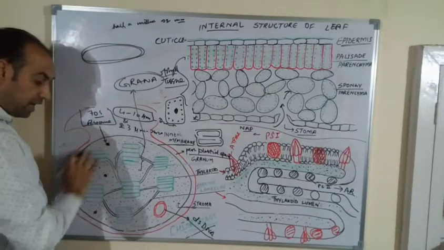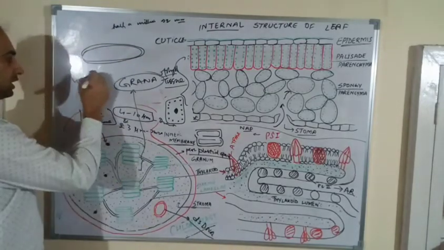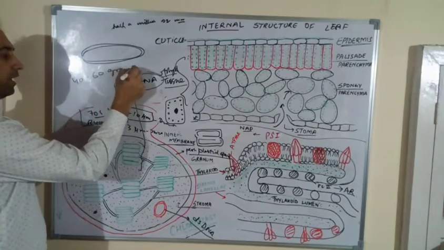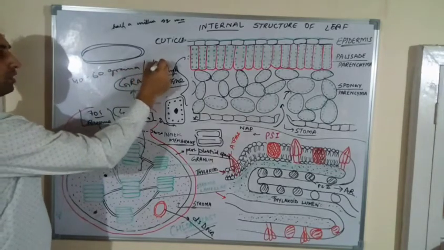There are about 40 to 60 grana per chloroplast.